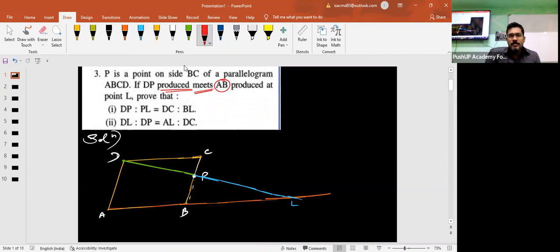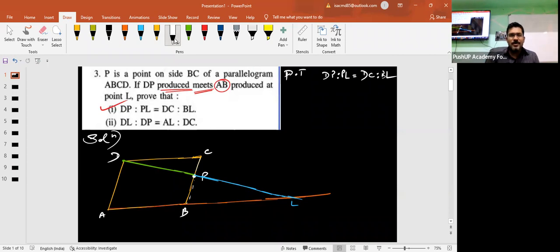They are asking us to prove DP is to PL is equal to DC is to BL. Let me write here. The first thing which we have to prove is DP is to PL is equal to DC is to BL. When you write it in the ratio form, you don't get a clarity, children. Because personally speaking, I never get a clarity what I need to show.